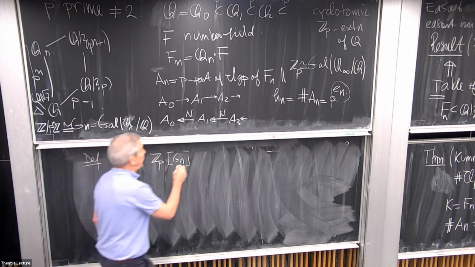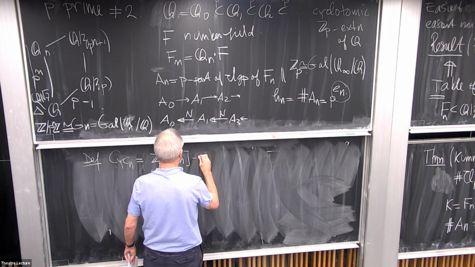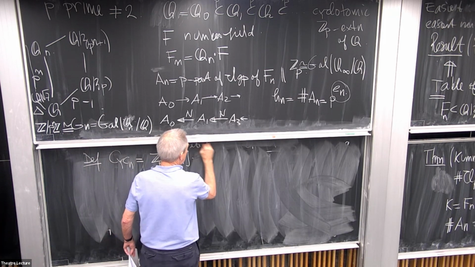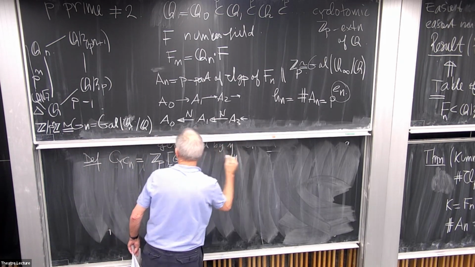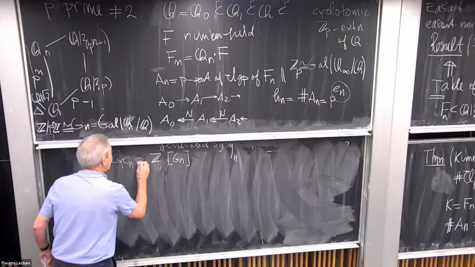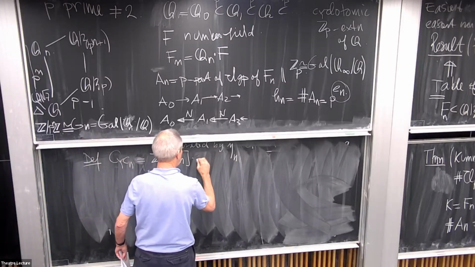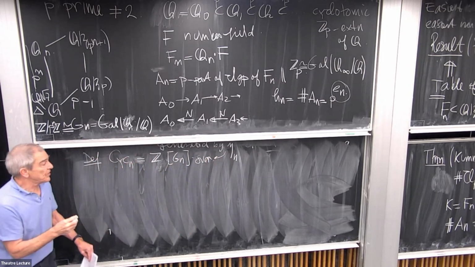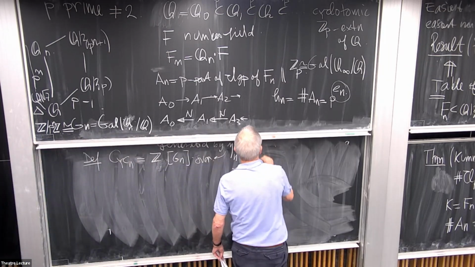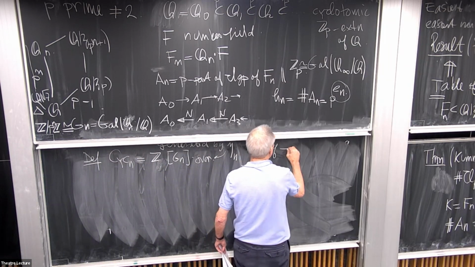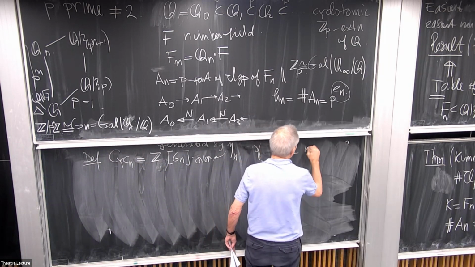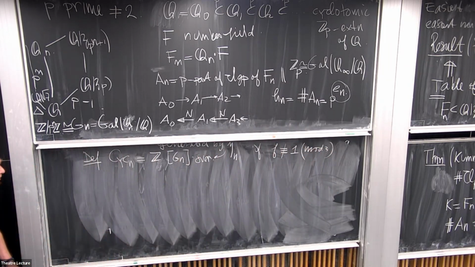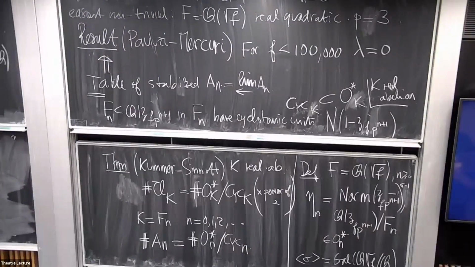So it is generated by eta n over this group ring. This is the definition if 3 is inert in the quadratic field. So if the conductor is not congruent to 1 modulo 3, then this is the definition. And with this definition, this theorem holds.